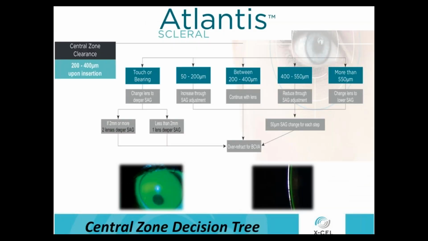A nice thing that we've done to make it really easy, especially when you're beginning to fit these lenses, is look at what your result is for that trial lens fit or what's on the patient, and you can simply go through this decision tree or design chart and pick out what you're seeing. If you're seeing 50 to 200 microns, it gives you your next step. So what adjustment do I make through this decision tree to make it flow nicely and easily?